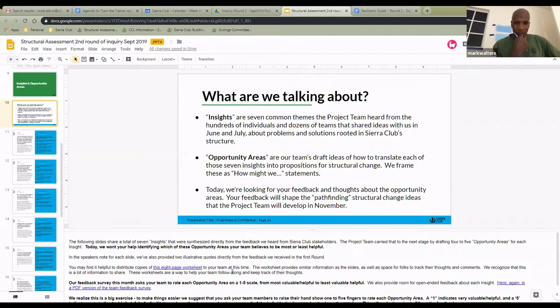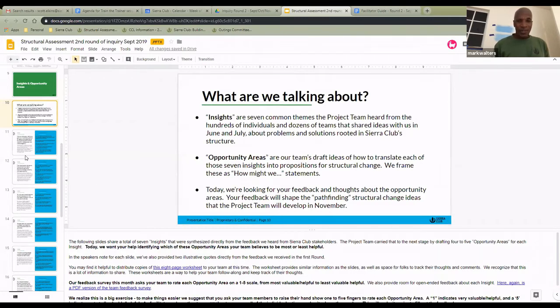Today, we're looking for feedback, thoughts about the opportunity areas that we have outlined. There are 7 of them. And what we've done is we have taken these insights and crafted 4 or 5 opportunity areas that we felt may help to get us to a solution to some of the issues with this current structure.